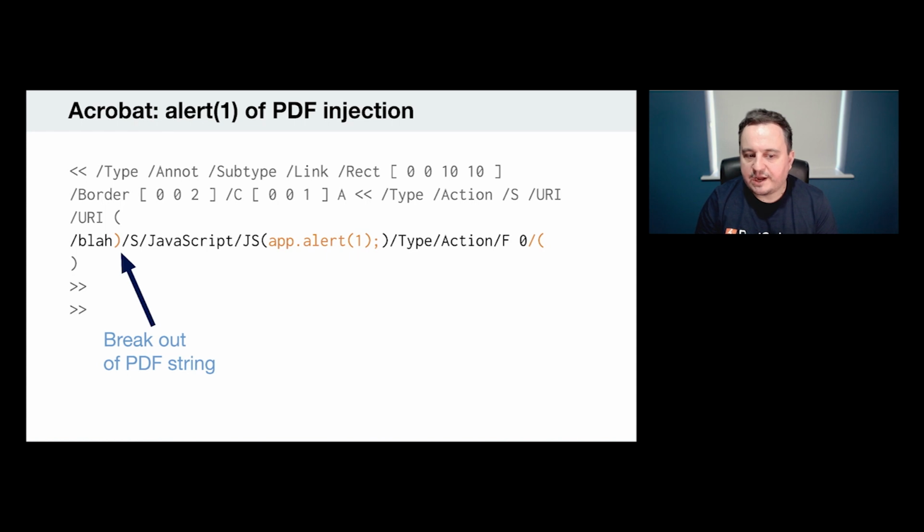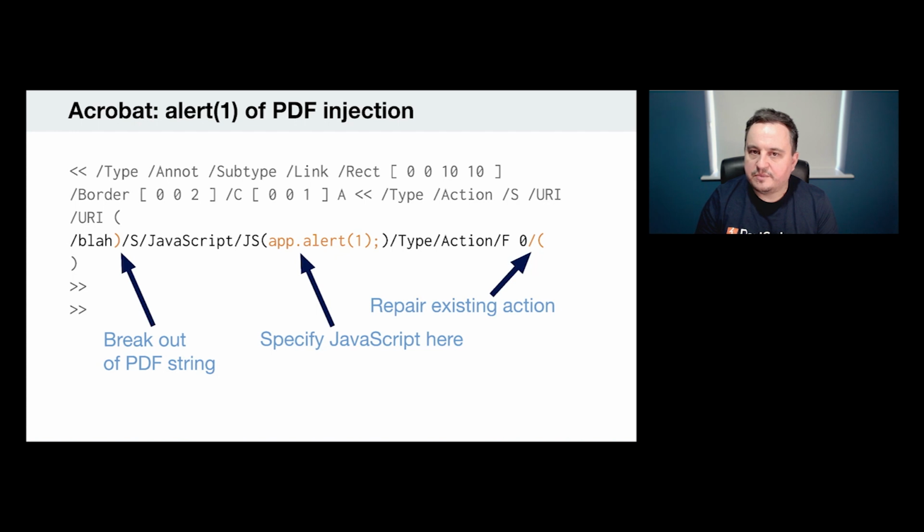So we break out of the PDF string. We define a new action, in this case a JavaScript action, which will call some JavaScript that we define here. This calls app.alert(1). And then we repair the existing action using a closing parenthesis, which allows you to create valid syntax in PDF and doesn't cause it to break.